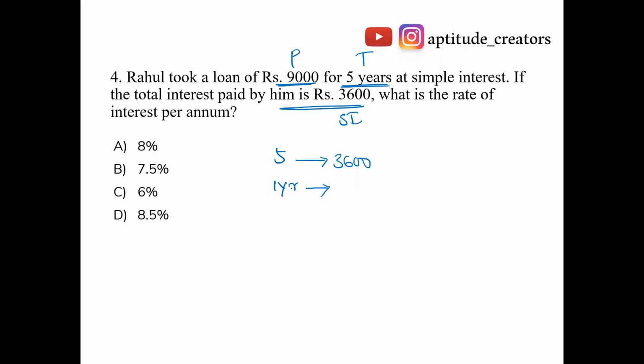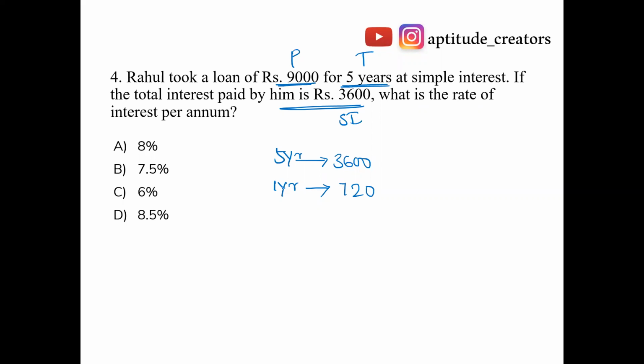Now, what about the interest for 1 year? Can anyone tell? What is the interest for 1 year? 3,600 divided by 5. 5 years, 3,600 rupees. 720. Great. Now, what is the question he's asking?